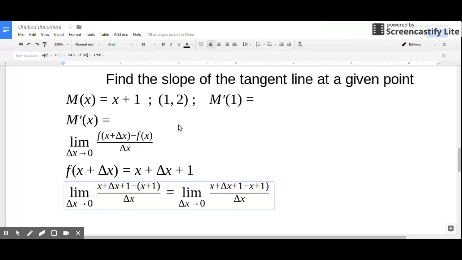We have the minus, but we're going to need to distribute that minus across. As you can see here, we have an x and a minus x and a plus 1 and a minus 1. So what's going to happen here? Well, they're all going to just disappear, and a delta x over delta x just becomes 1. And so that all just became 1, which is equal to 1.